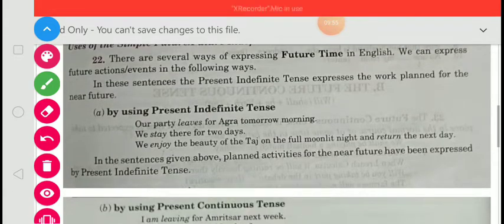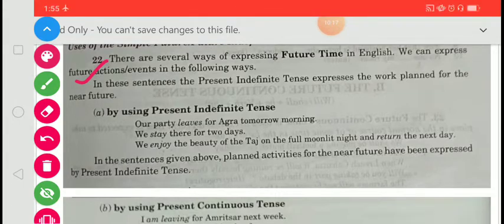So there are several ways of expressing future time in English. We can express future action events in the following ways. The first one: the present indefinite, that is simple present tense, expresses the work planned for the near future.